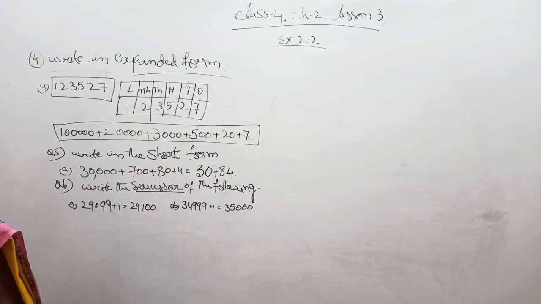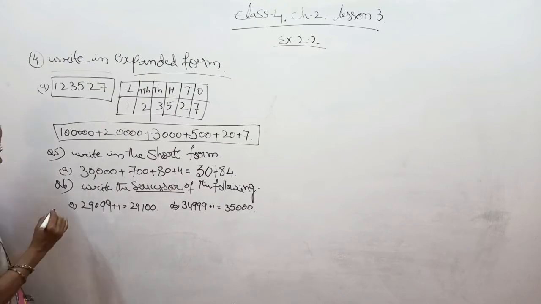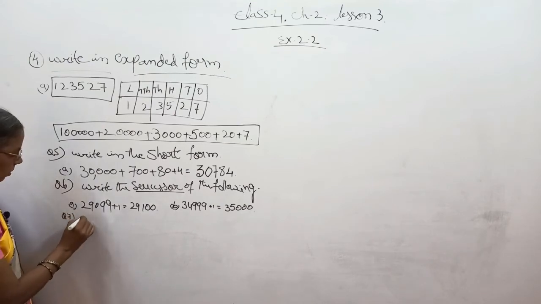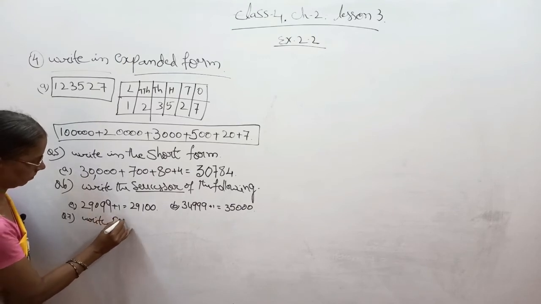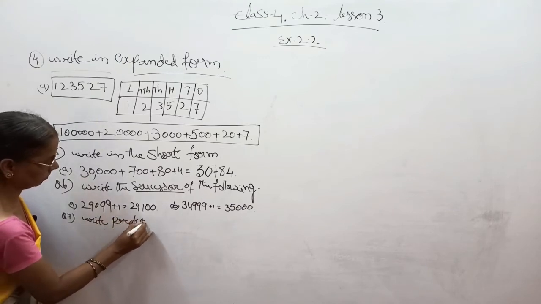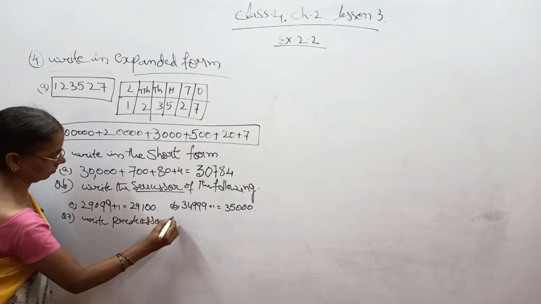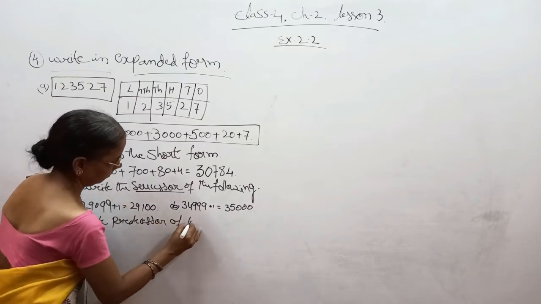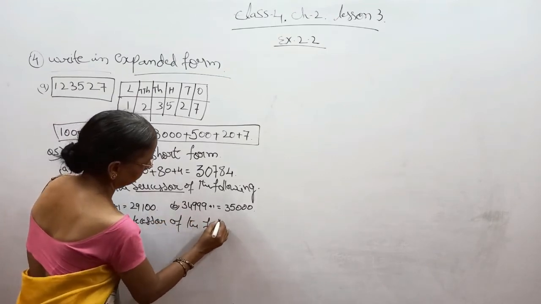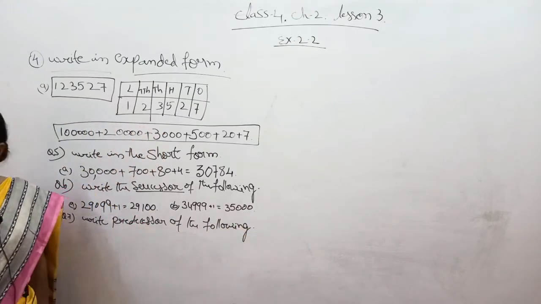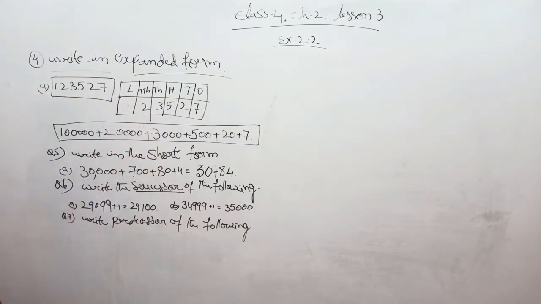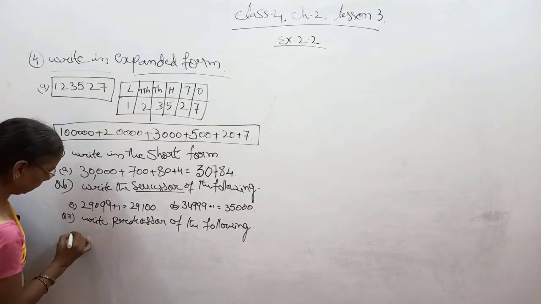Write the predecessor of the following. Now, question number 7. Question number 1: 69,100.